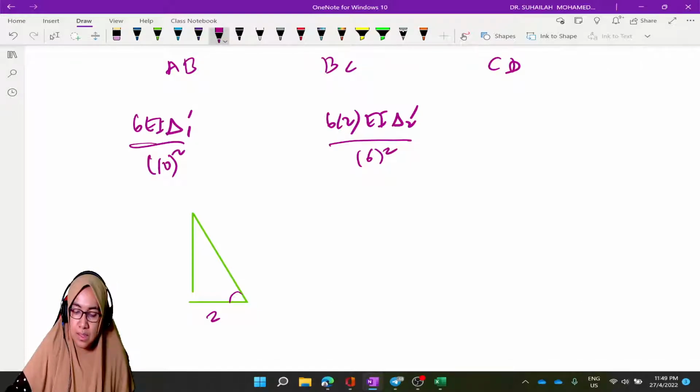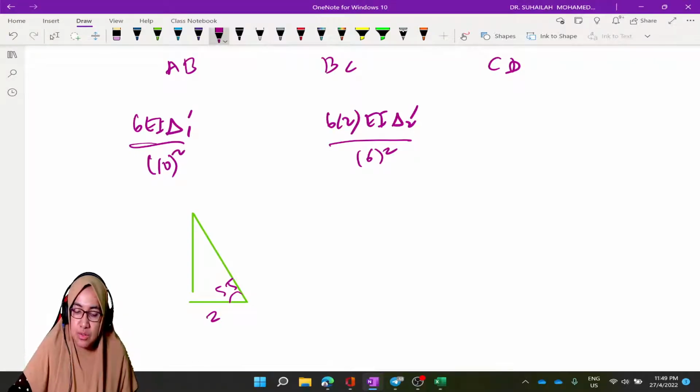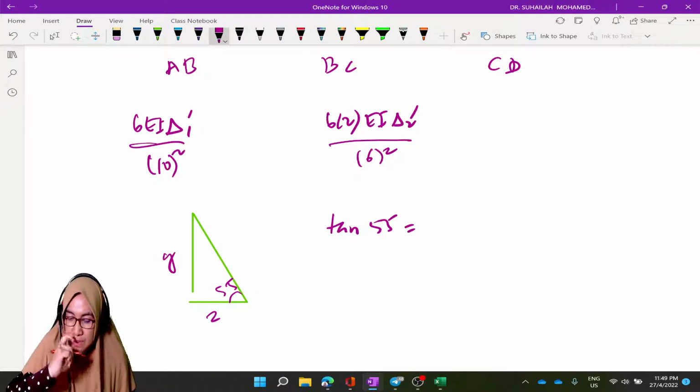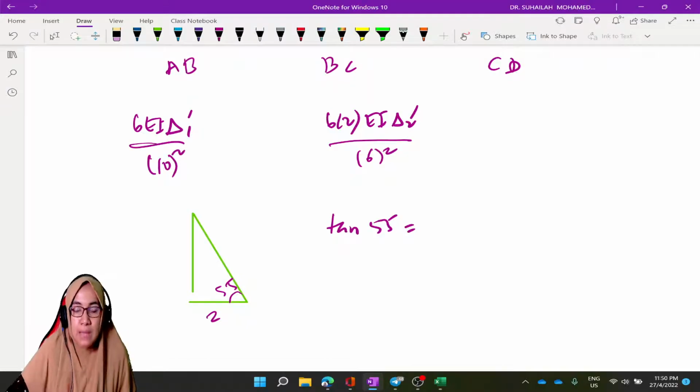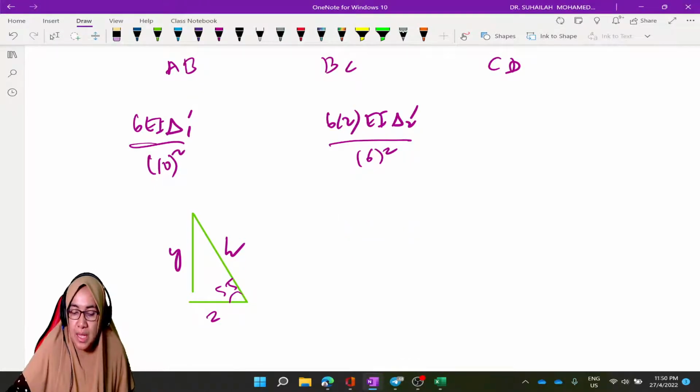We should use H, or if this is Y, we want to calculate the H value.